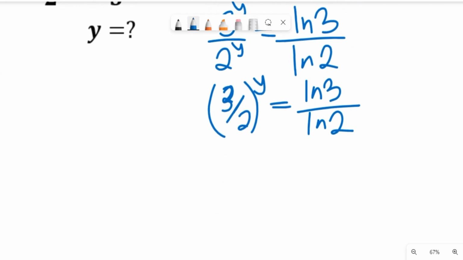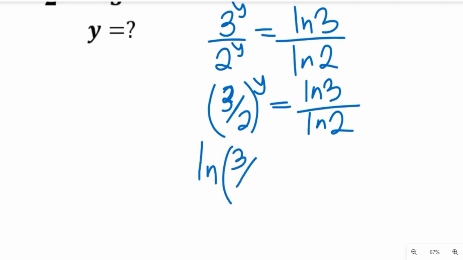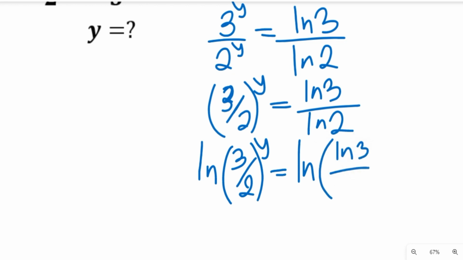Having done this, what we need to do next is to still take the natural logarithm of both sides. If we take the natural logarithm of both sides, we're going to have the ln of 3 over 2, all to the power of y, equal to the natural logarithm of all this. Remember, we can find this natural logarithm separately because their values can be easily sorted out.